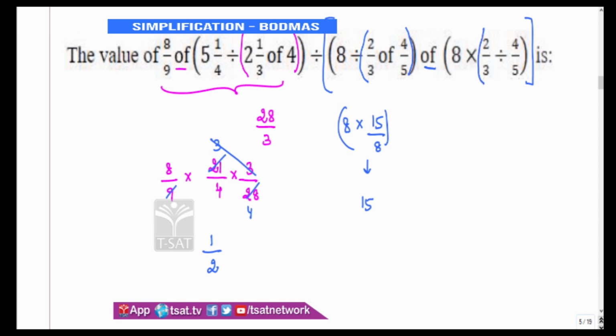First give priority to division. 2 by 3 in 5 by 4 it becomes 5 by 4, 2 by 3 into 5 by 4. Then after, into only anyway. 4 1s are, 4 2s are. So, it becomes 20 by 3. 1s are, 5s are.